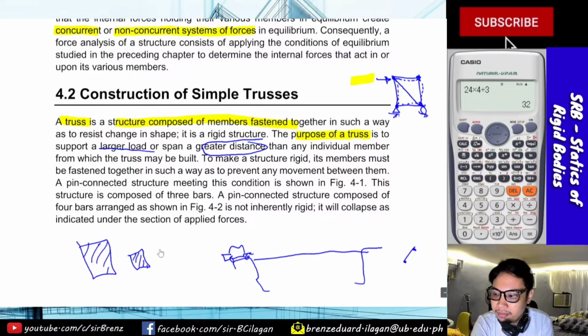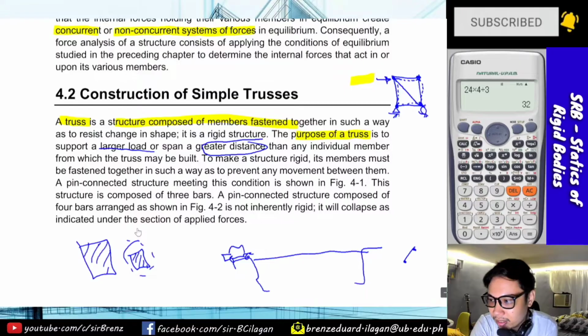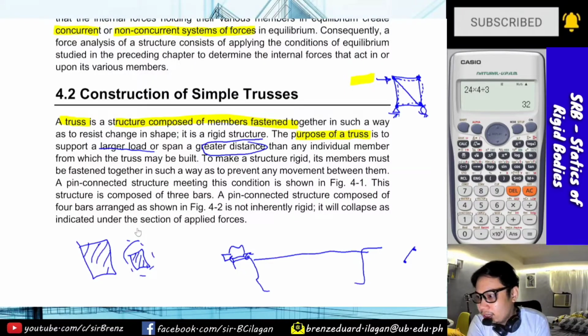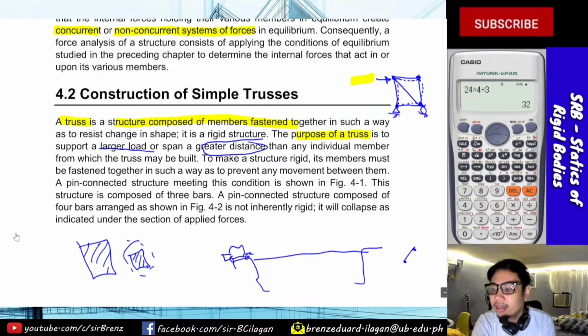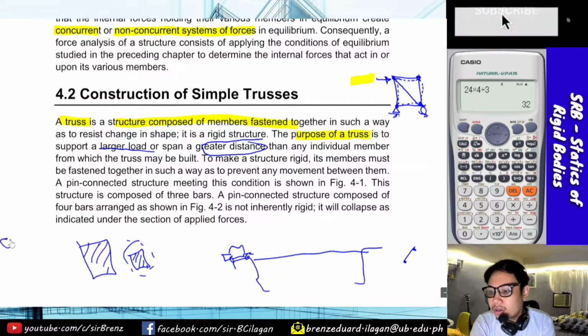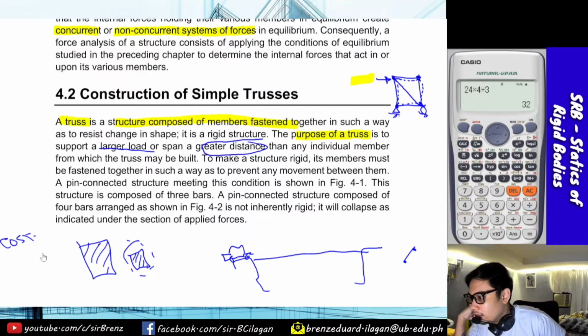And if yung member na yun is kaunti lang yung i-carry na load, pwede na rin naman natin gamitin. Okay, so dyan kaya nga tayo nagde-design. Ayan. So, again, ang goal natin dito is yung cost, at the same time, yung kanyang strength or the capacity to carry that load. Okay, so saan na tayo?